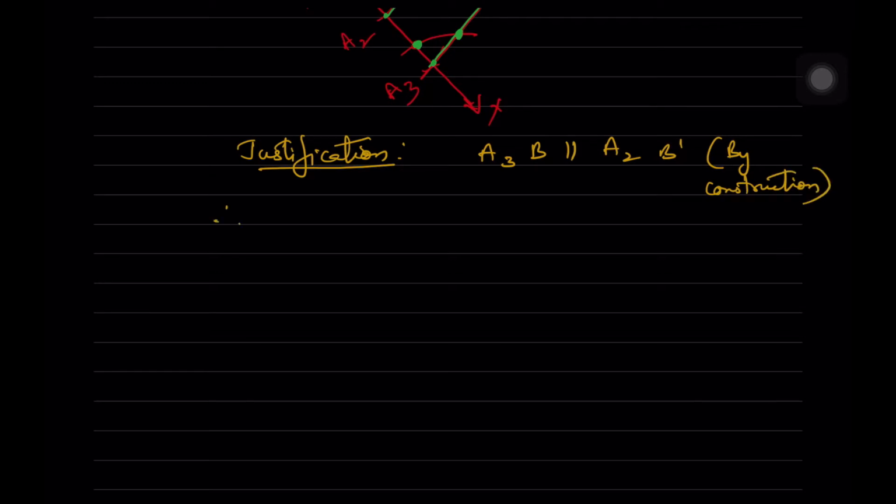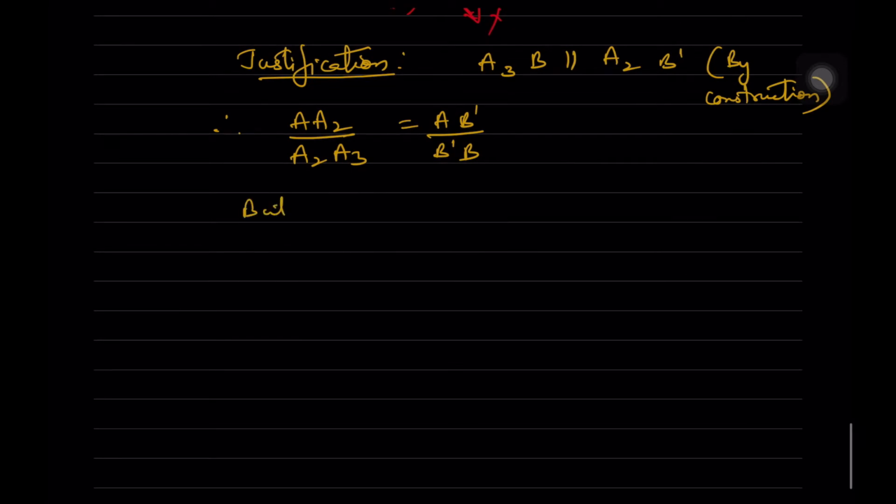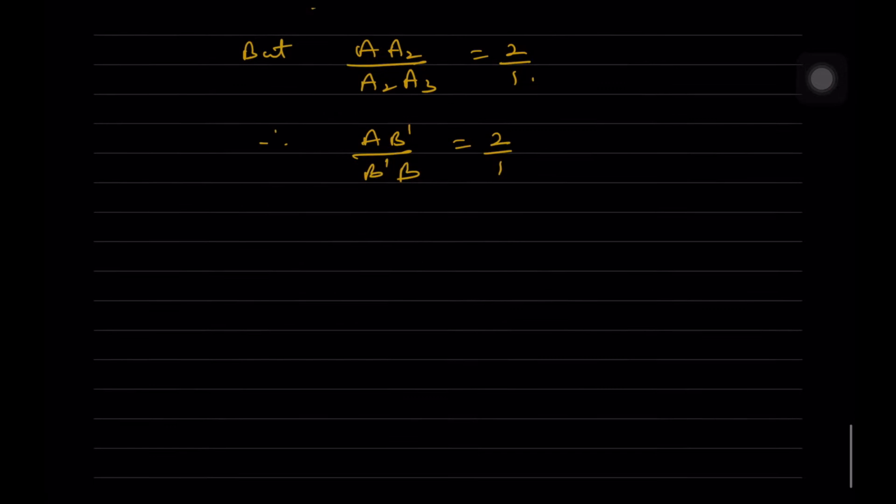So therefore A2 by A2 A3 is equal to AB dash by B dash B, but A2 by A2 A3 is equal to 2 by 1. Therefore A B dash by B dash B is equal to 2 by 1.